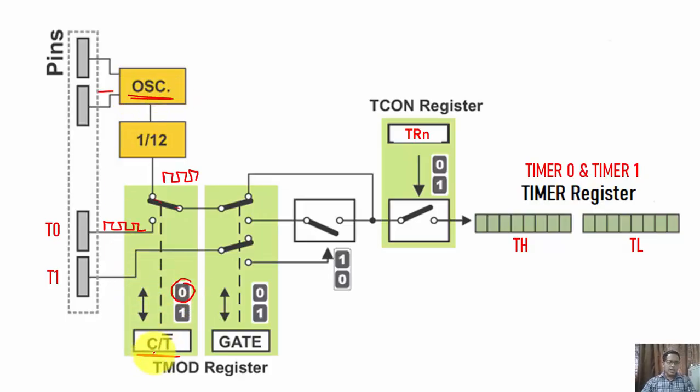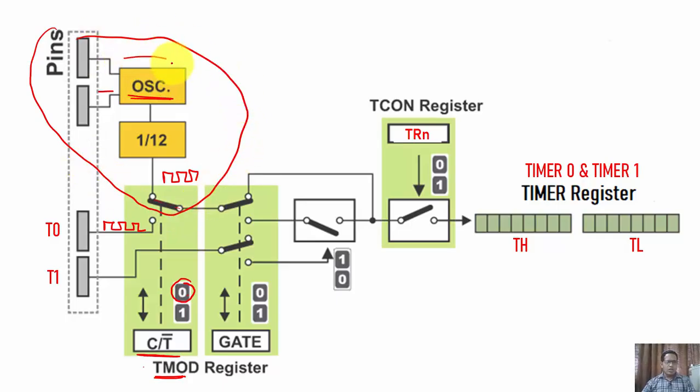So when I make C/T bar from the TMOD register equal to 0, then this internal clock source is selected. Means now the clock is going to move from here up to this point. As we are not interested in the external hardware control here, because of that, I am going to make it 0.